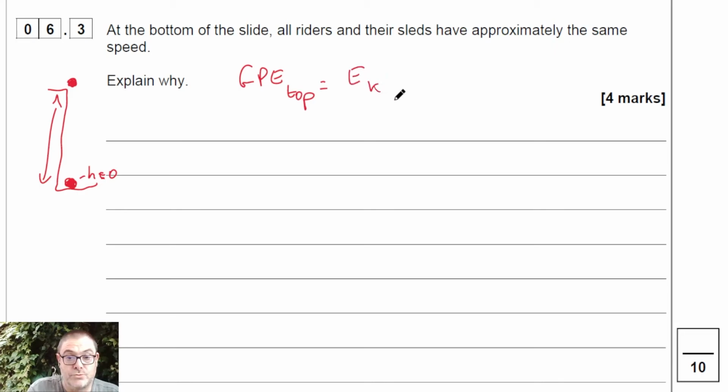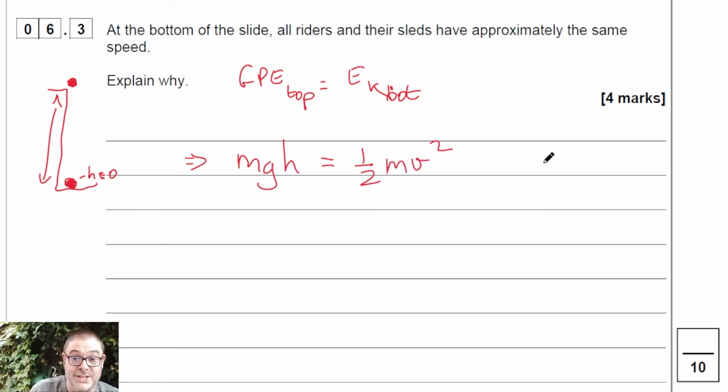And of course, with all sorts of physics questions, we have to say, assuming something. In this case, we're assuming that air resistance makes no difference. There's no energy loss, in other words. Given that assumption, let's put in the formulas. So that'll be mgh for gravitational potential energy equals a half mv squared for kinetic energy.